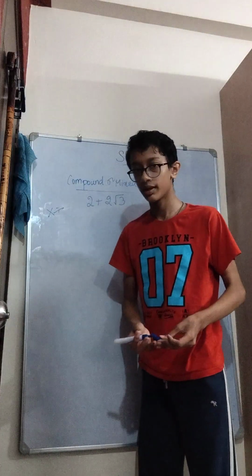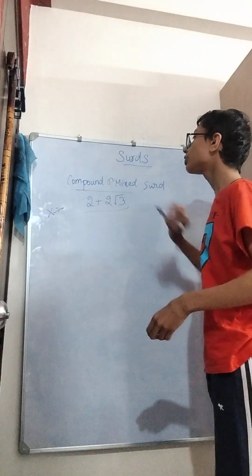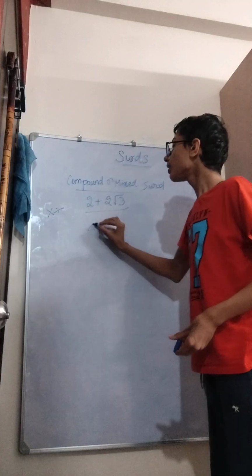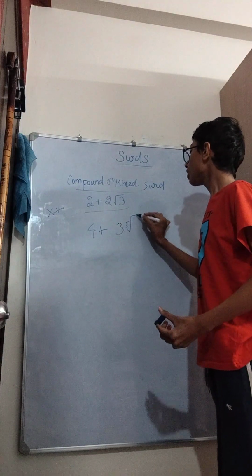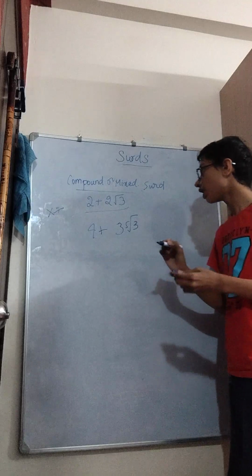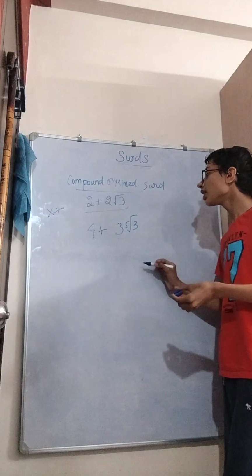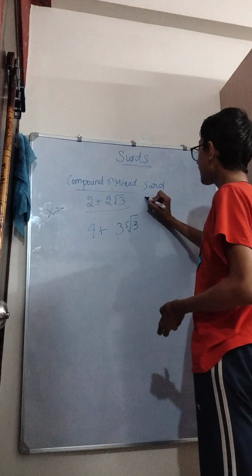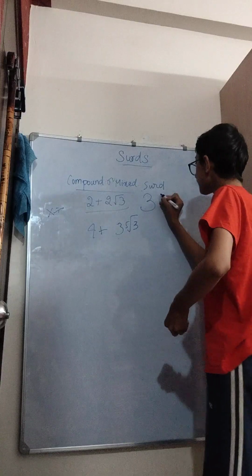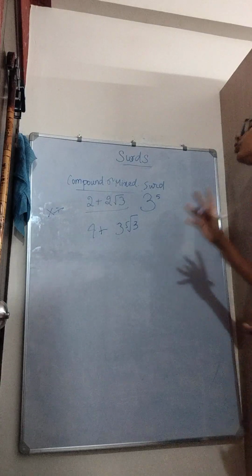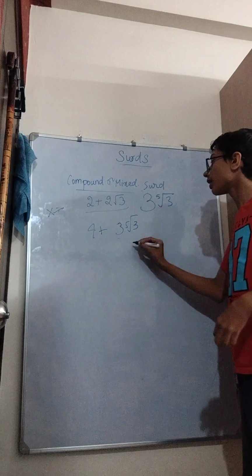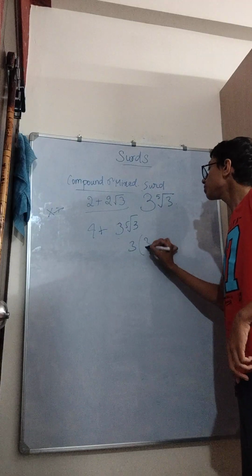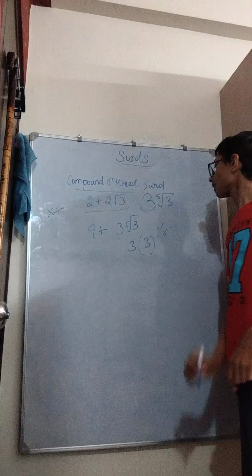Example: 2 plus 2 root 3, which I wrote here. Next one is 4 plus 3 into the fifth root of 3. This is not 35 root 3. Whenever they give the bigger number at the top and the smaller number in the root sign, you should understand that this is the nth root, or you can write this as 3 into 3 power 1 by 5.